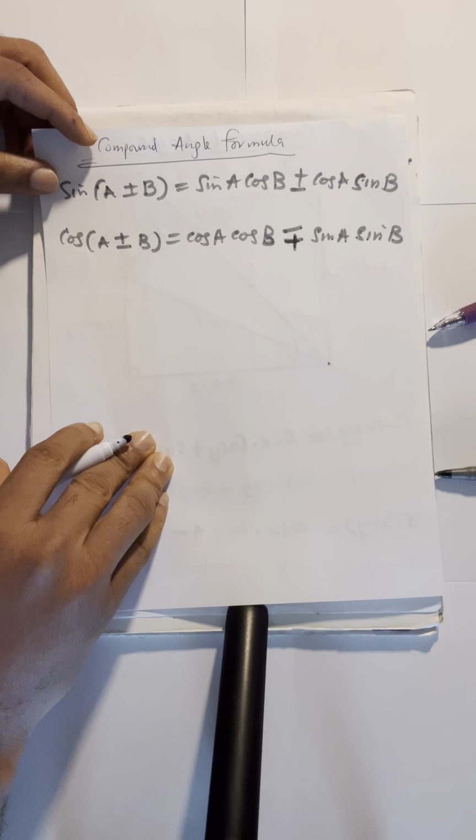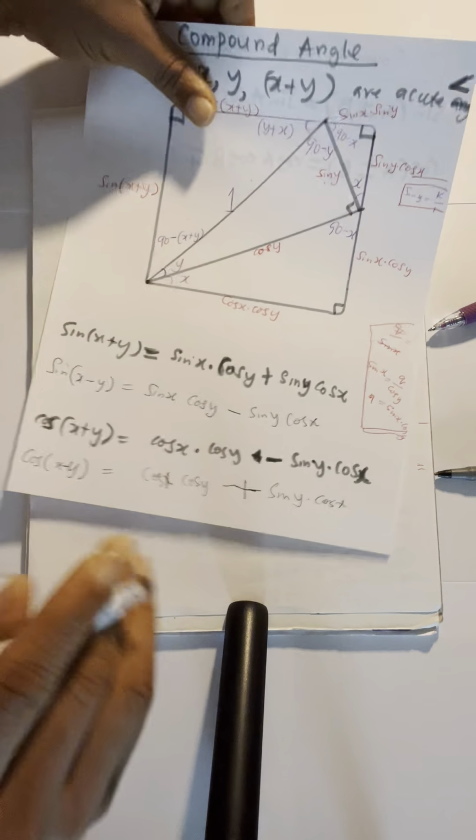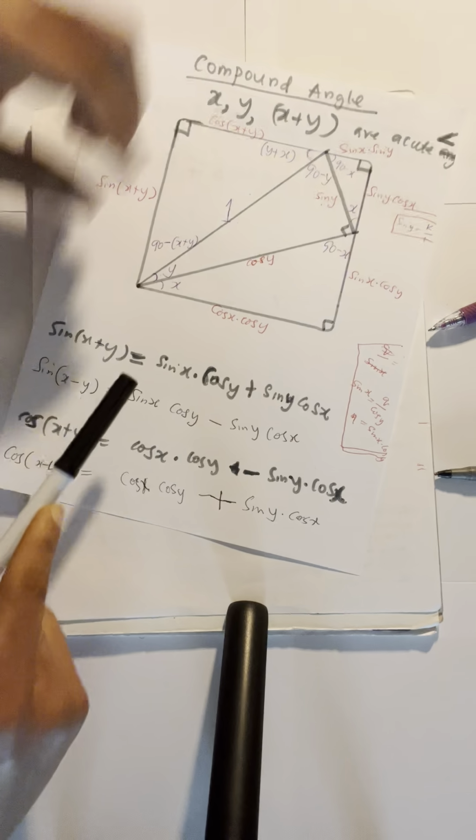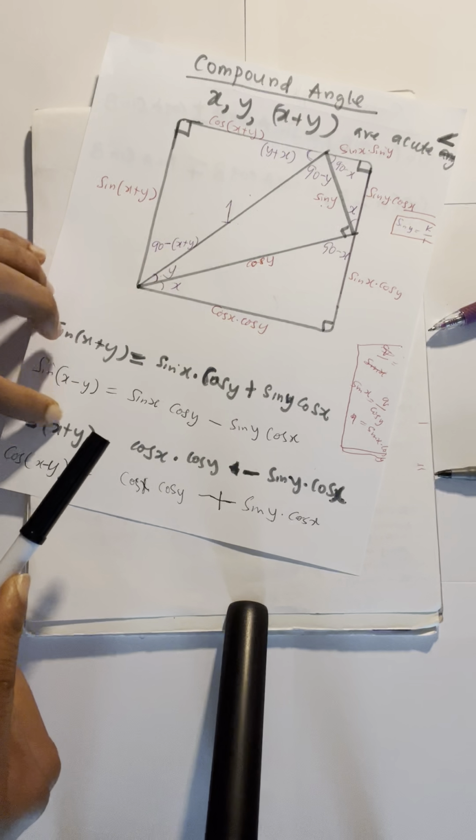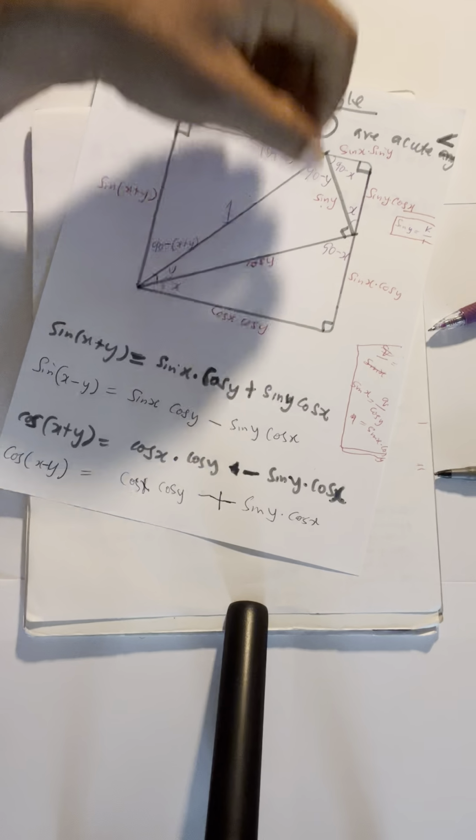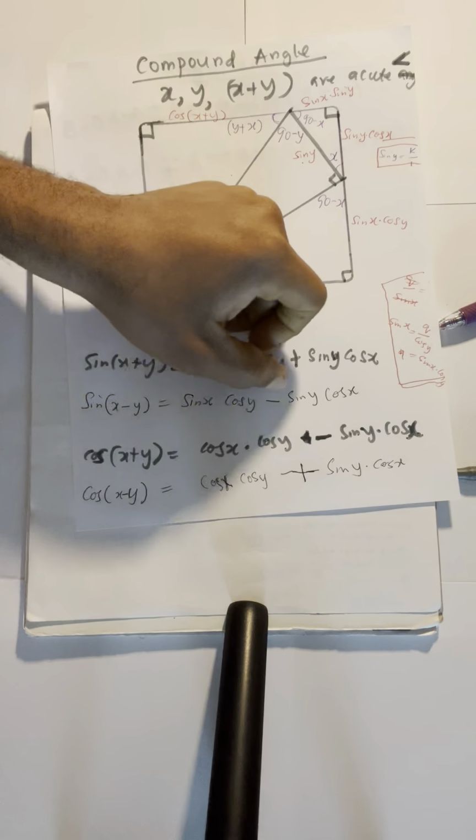So you can see that I've been able to put the plus and minus together, and the first one gave us plus. That's why we have plus here. And when I had minus, we had minus. I'm having minus here.